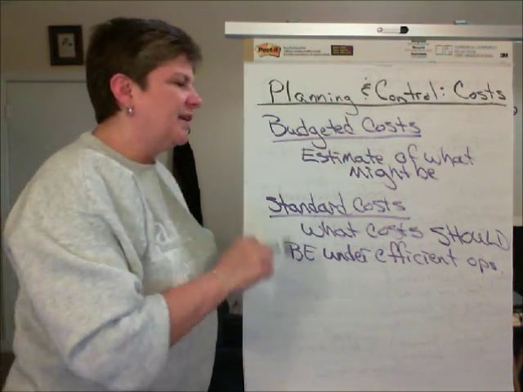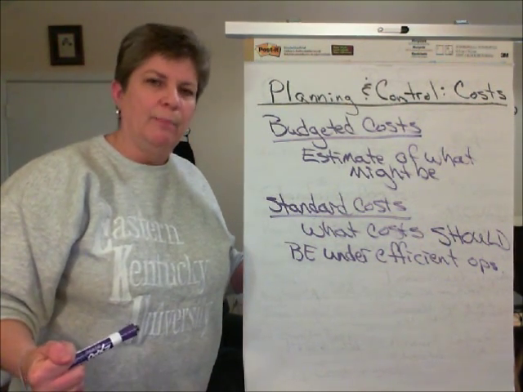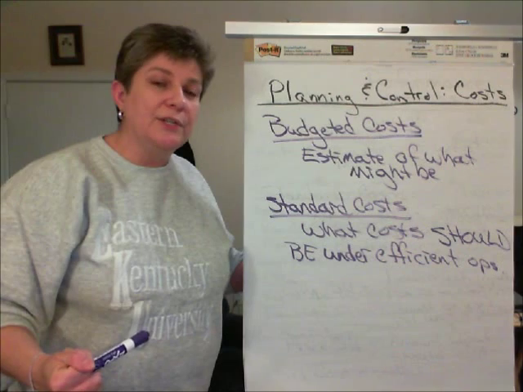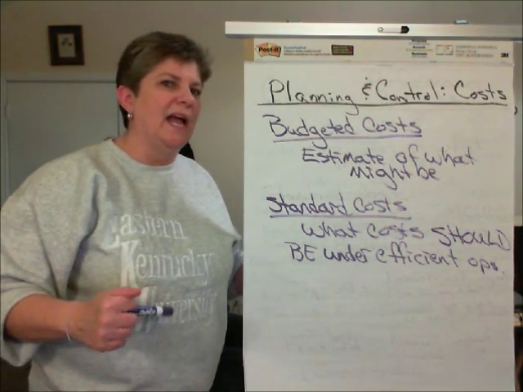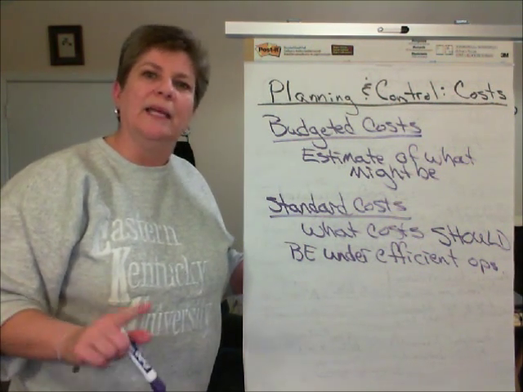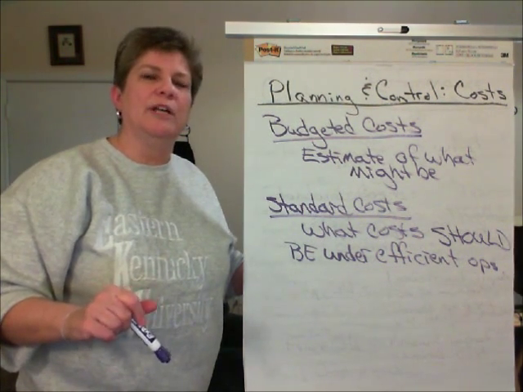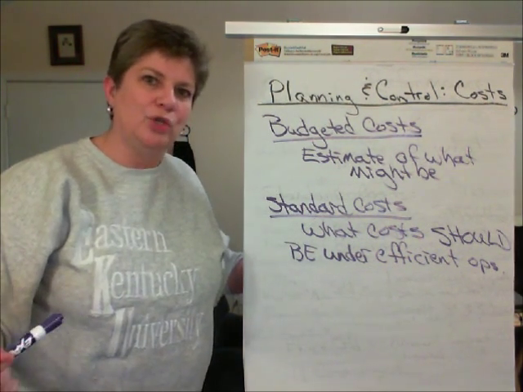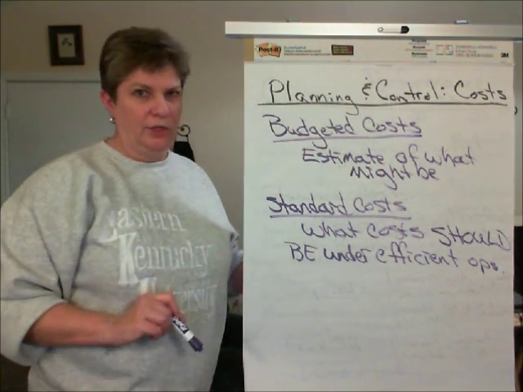Well, standards are very carefully developed based on an analysis of the design of our product to determine exactly how much materials should go into making a single unit of product, exactly how much labor time should be taken to efficiently make one unit of a product.